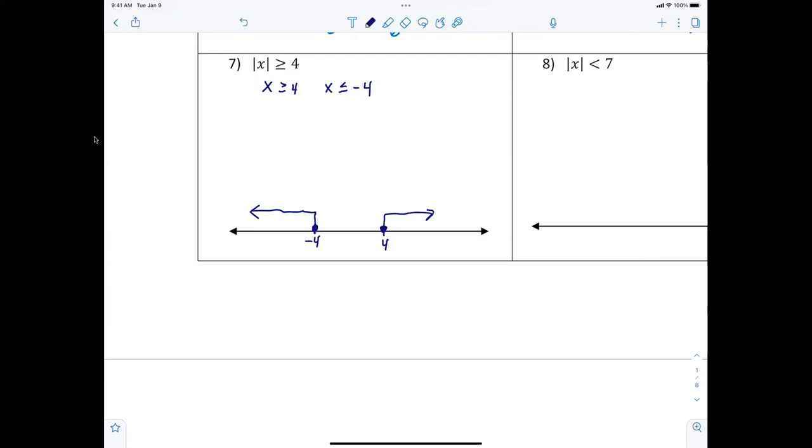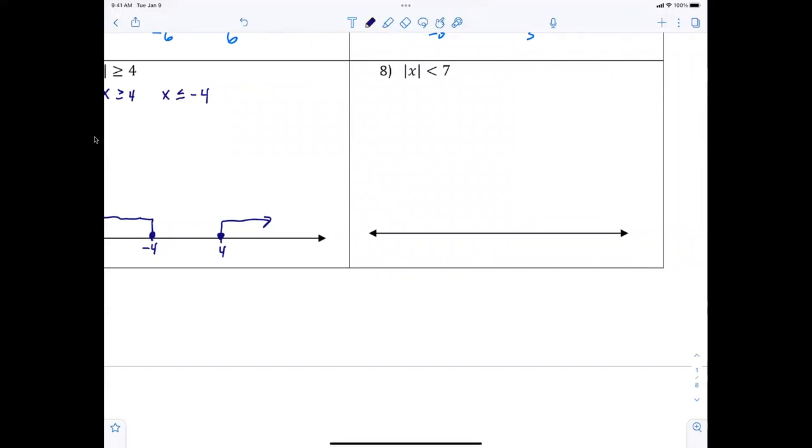All right, any questions? Well, you've said not to worry about the graph. Even if it does, if we don't have to do the graph to solve it on the test, we don't. Unless the directions say graph them. All right, number 8. X less than 7.